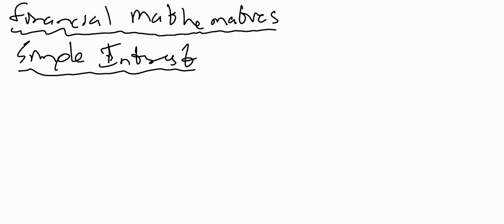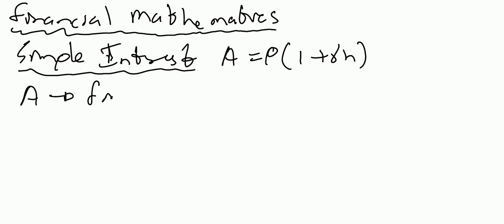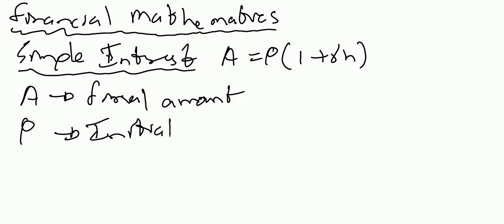When we talk about simple interest, we see it by the formula A is equal to P into (1 plus i n). Where your A is your final amount, and your P is your initial amount.